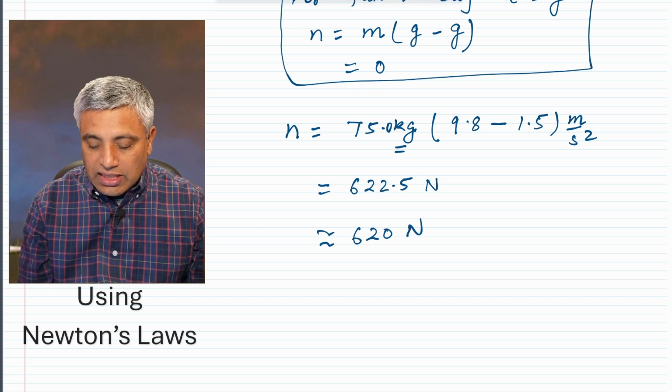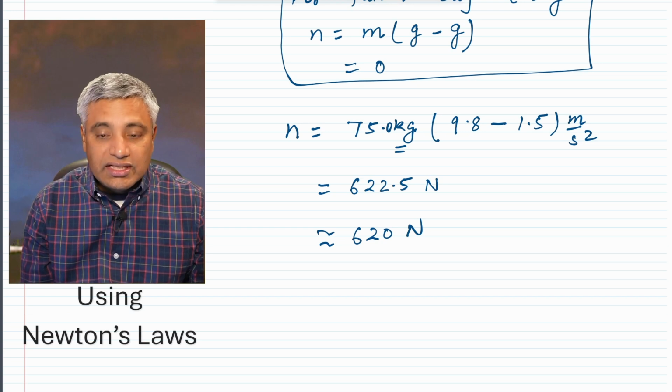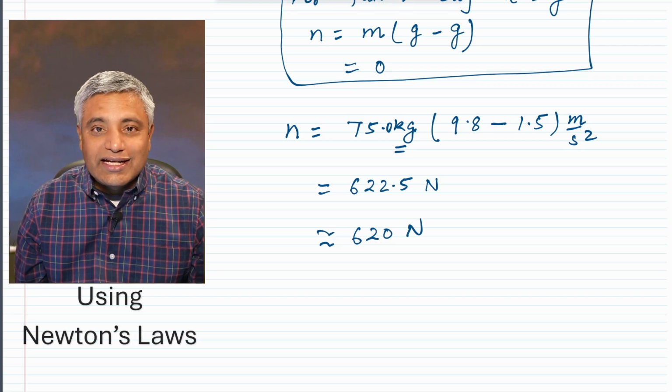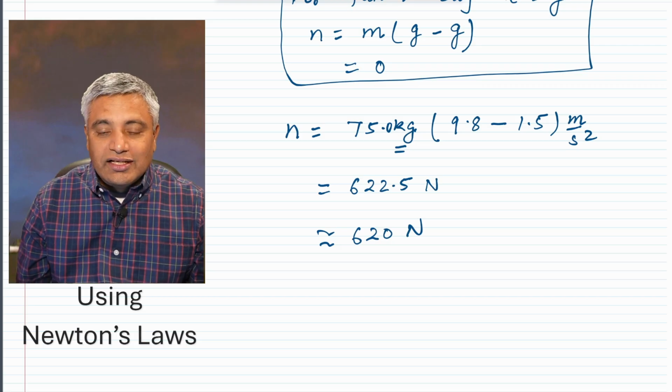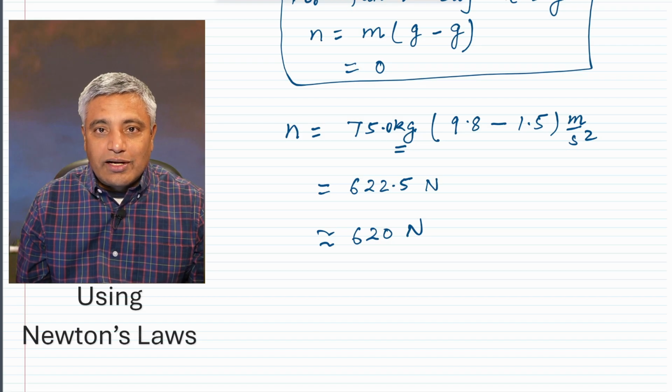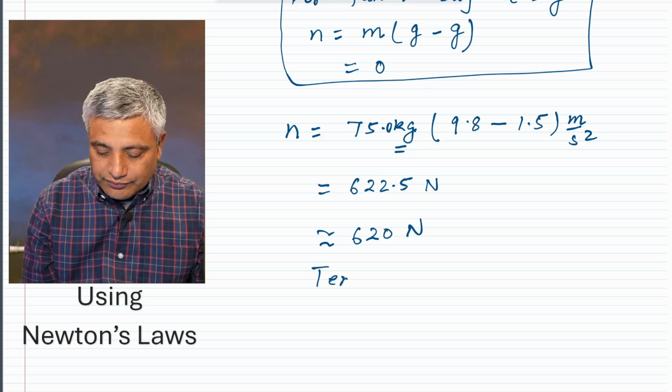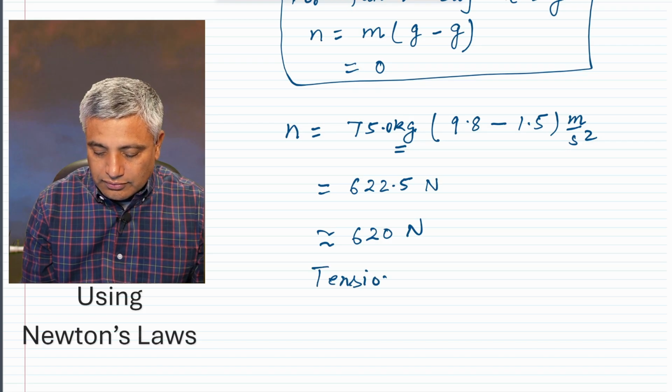If I was rounding it to 3 sig fig, then it would be 623. Okay, so that's how we find the apparent weight. So in the second part of this problem, it's asking for the tension on the rope.